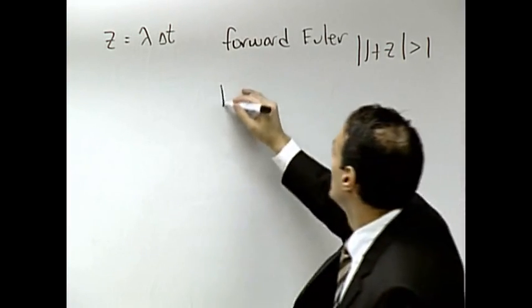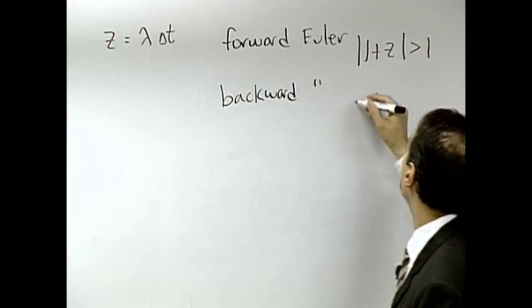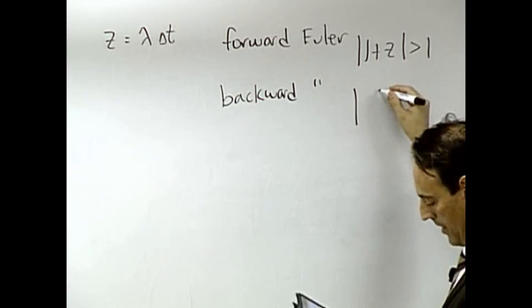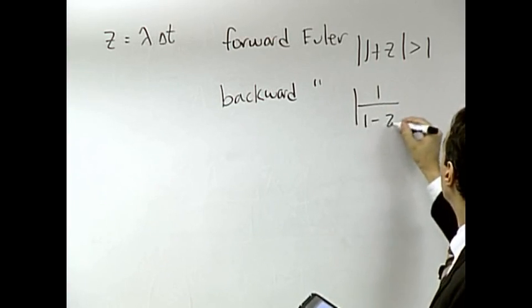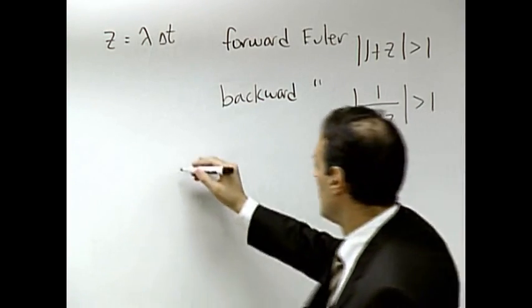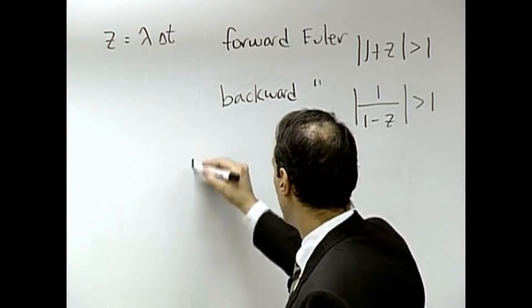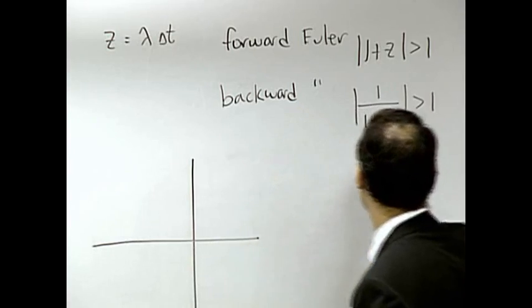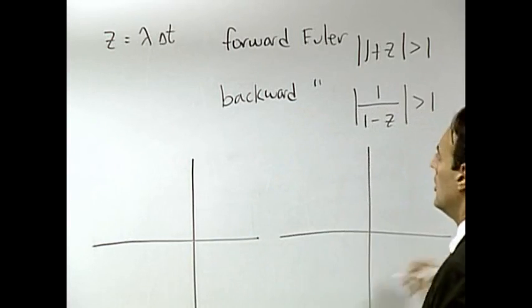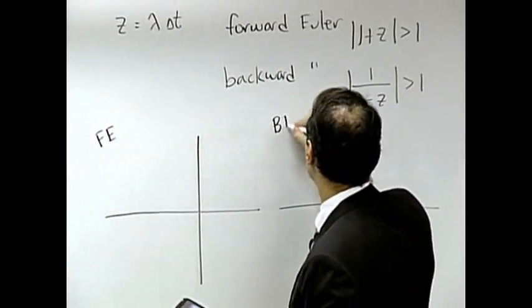For backward Euler, this thing blows up if this is greater than 1. So let me draw you two pictures. This will be forward Euler. This will be backward Euler.